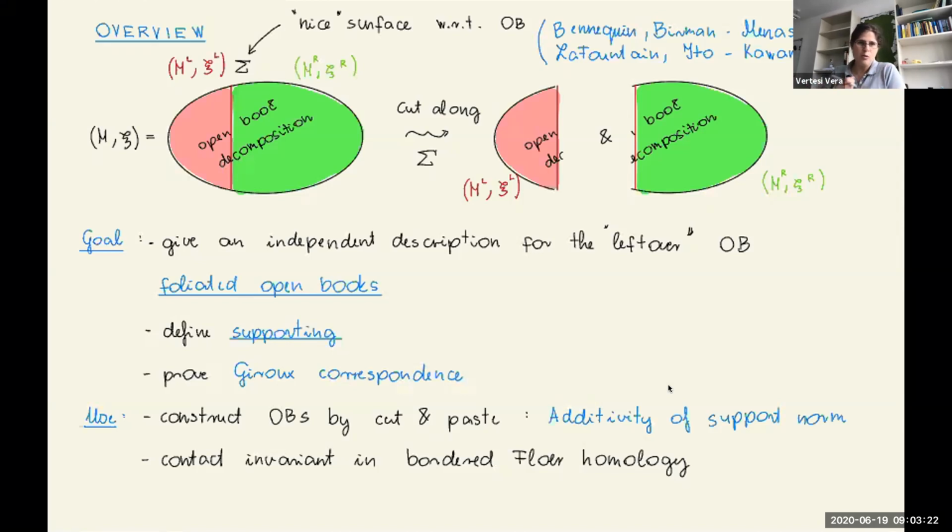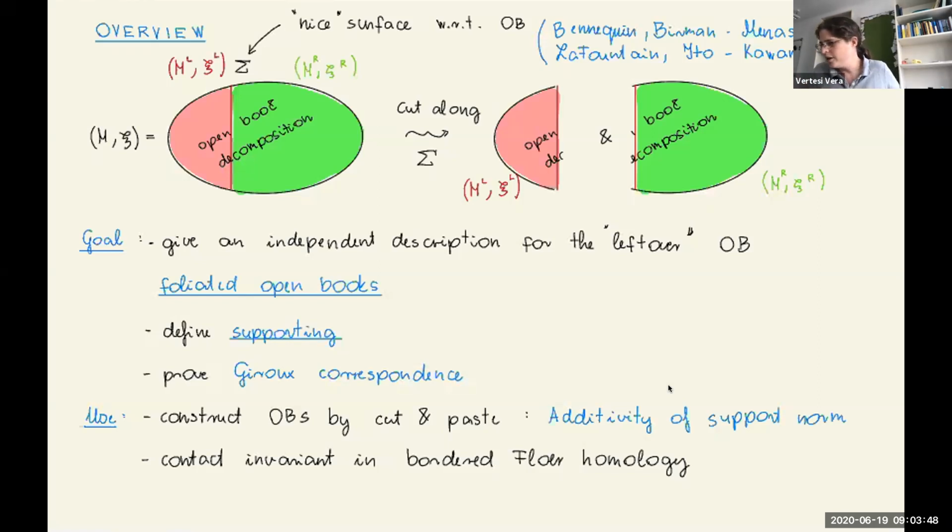One is that you can use these foliated open books to prove that the support norm is additive for tight contact structures, and then you can use these foliated open books to define the contact invariant in bordered homology. They are somehow the natural objects to do it. And I have a list later, so there are a lot of things you can use them for.